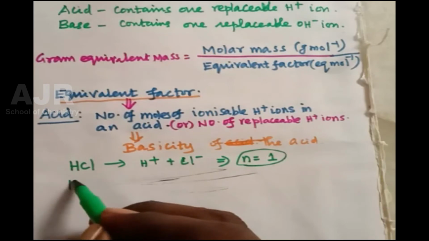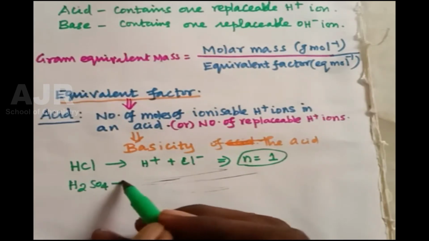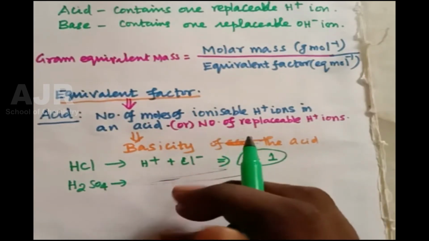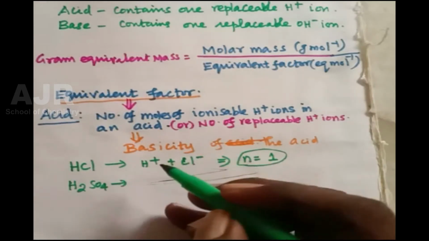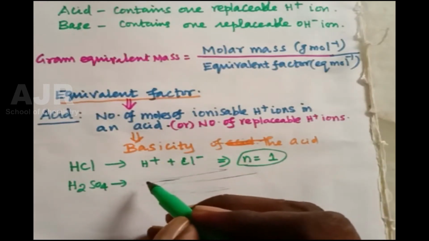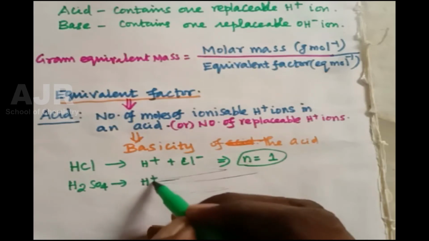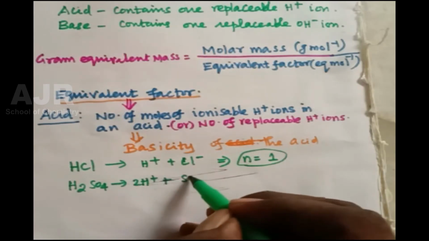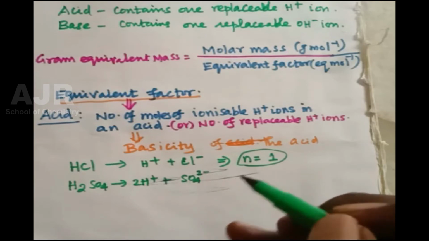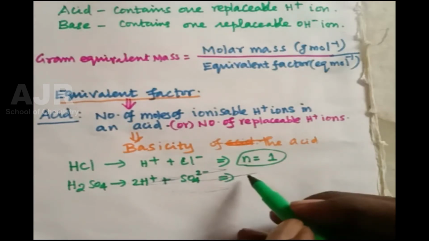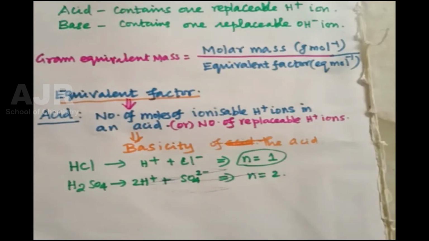Similarly, if you take sulfuric acid, it contains 2 H plus ions, and SO4 2 minus. Thereby I can write the N factor here is 2. N factor is nothing but equivalent factor. So the number of replaceable ions in sulfuric acid is 2.